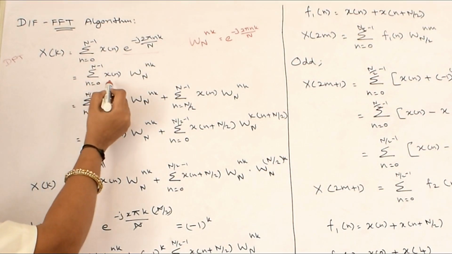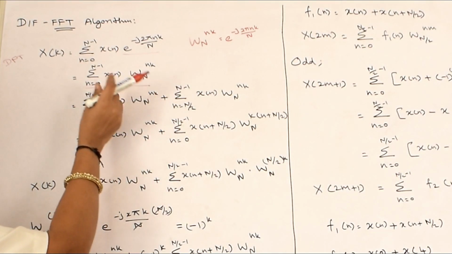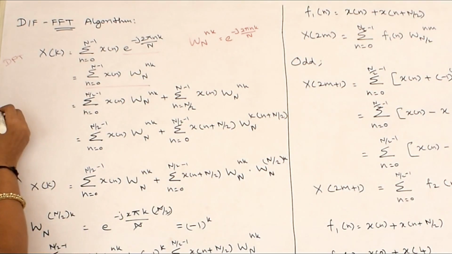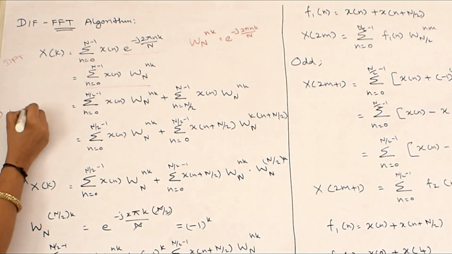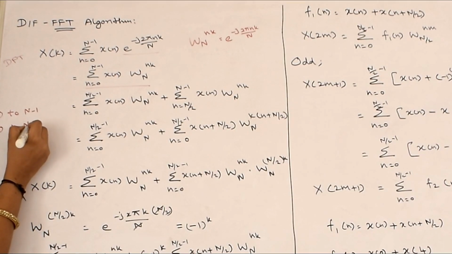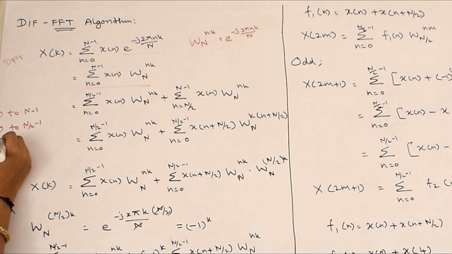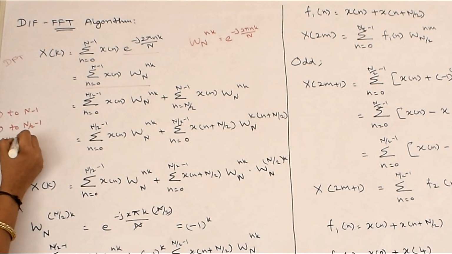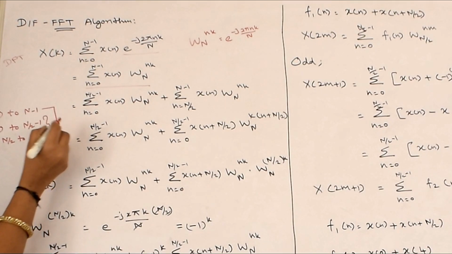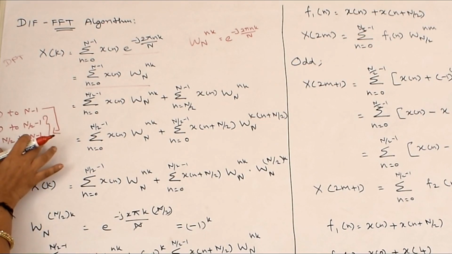Okay. And from this expression I am dividing the limits into two halves. So 0 to N minus 1 can be divided into 0 to N by 2 minus 1 and N by 2 to N minus 1. This term can be divided into two limits.